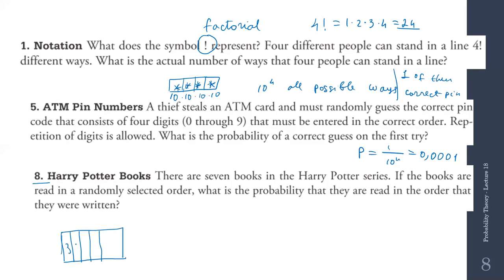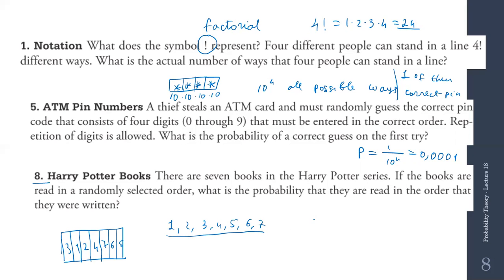So if you read them, what is the probability that you read in the order 1, 2, 3, 4, 5, 6, and 7?